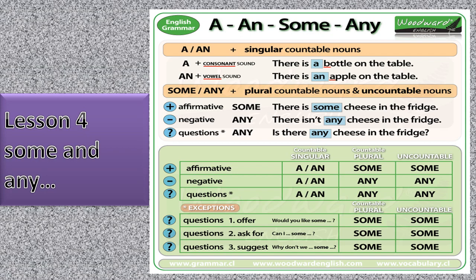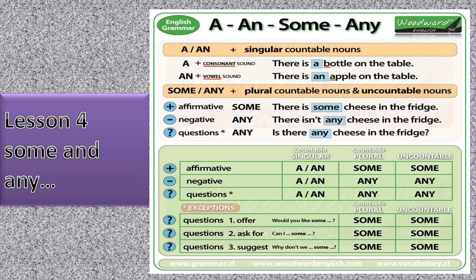In the negative, with the countable singular, we use a or an. And we use any with the plural countable or uncountable. Questions. In the singular countable, we use a or an. But in the questions, we use any with plural countable or uncountable nouns.